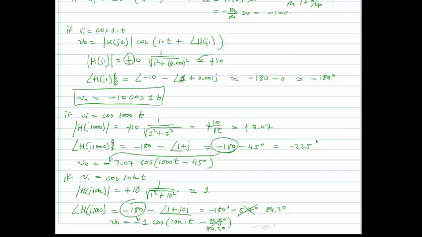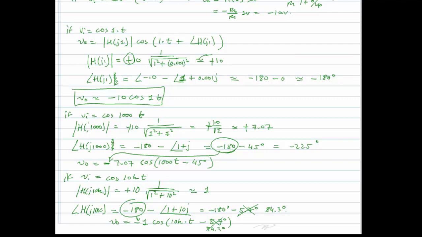Of course, if it was for a temperature in a room, you wouldn't want a corner frequency of 1,000 radians per second. Maybe you'd be talking about radians per minute or something, something very slow. So it would average over many seconds, maybe even over minutes.